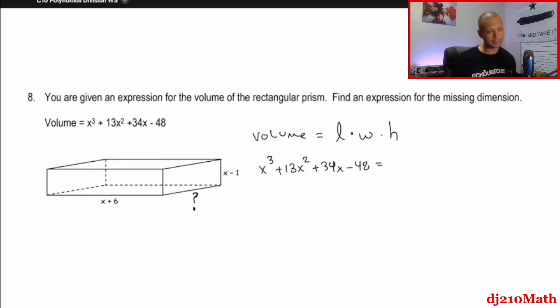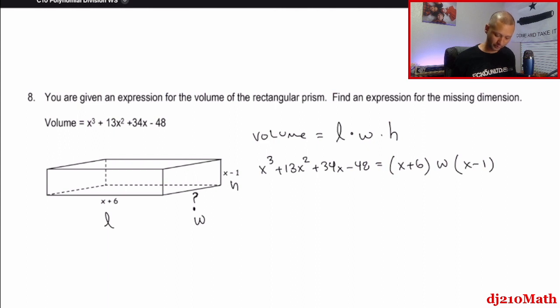This is equal to length times width times height. So this is length. We'll call this width, and then this will be height. So length is going to be x plus 6. The width, unknown. And then the height, x minus 1. So let's combine x plus 6 and x minus 1.